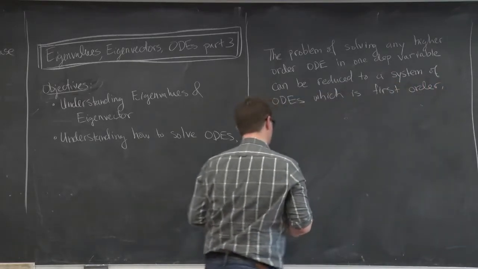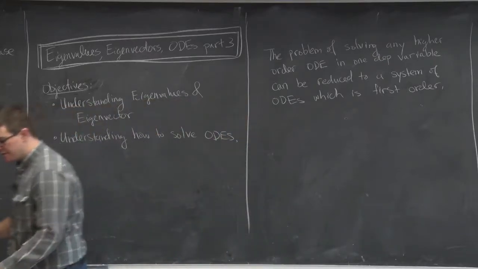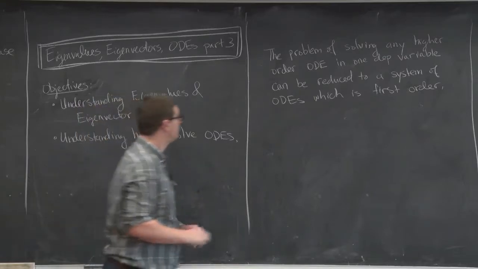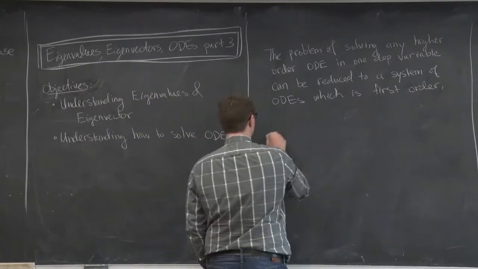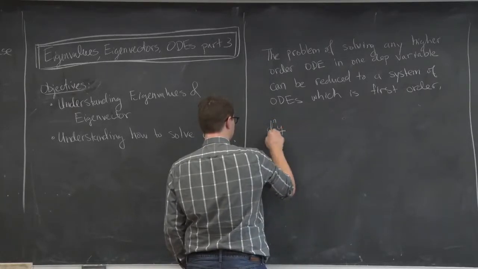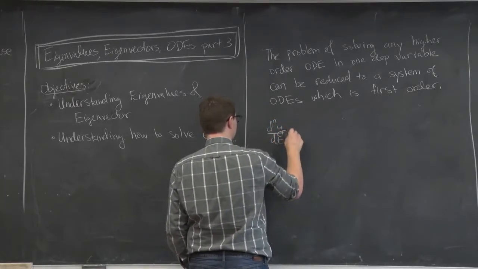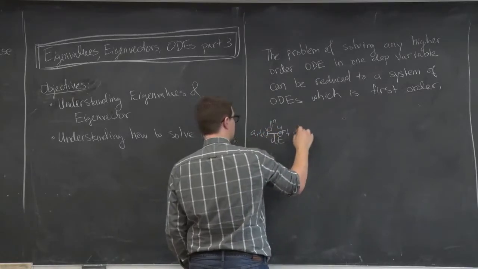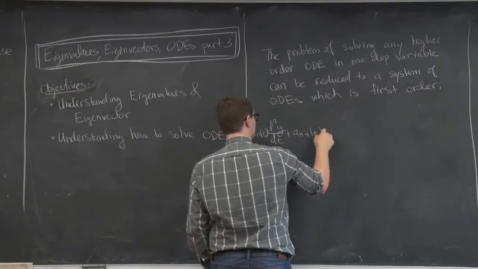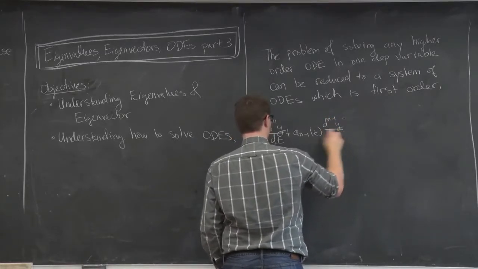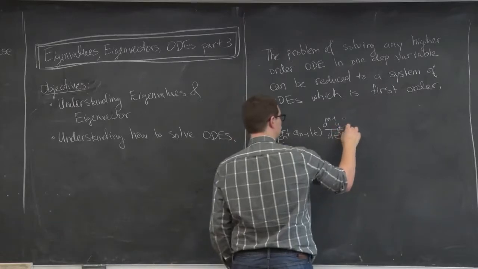Okay, so let me write down an ordinary differential equation in one variable. So what we're going to do is we're going to convert this, this is an n.